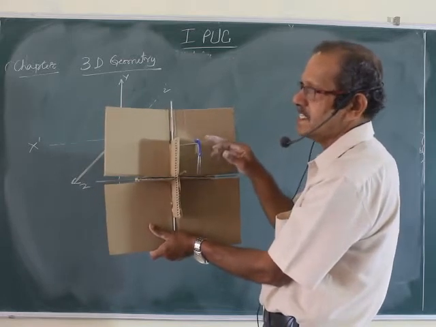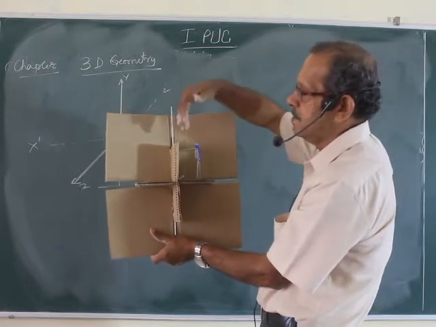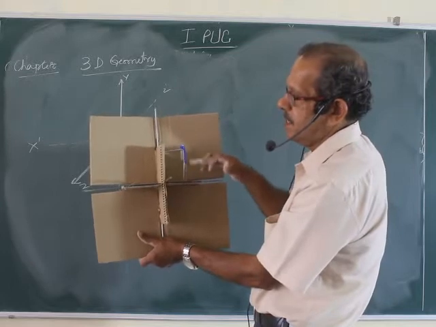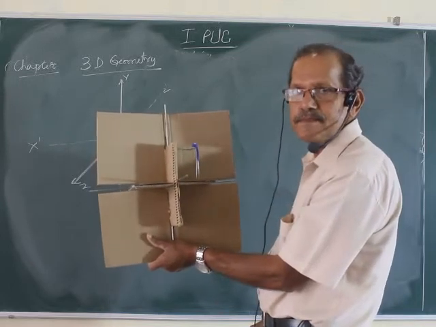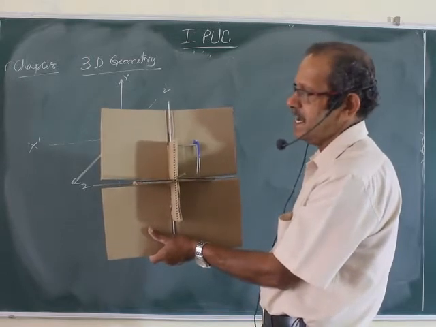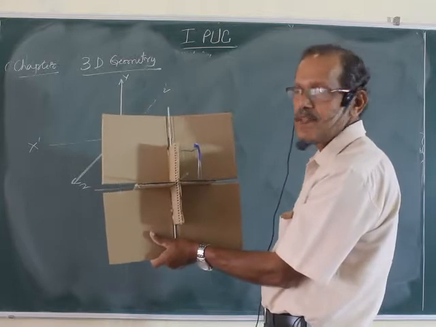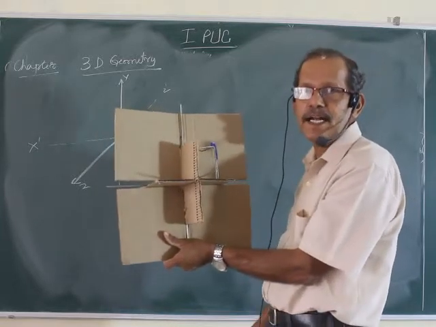X coordinate is the distance of the point from yz plane. This is x coordinate. This is y coordinate. This one is z coordinate. Can you make it clear? White mark I have shown is there, no? It is the point. Distance to the point from the planes is taken as x, y, z coordinates.